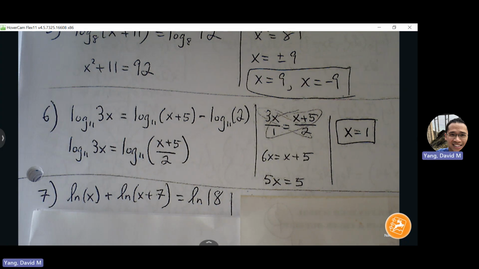Okay, number 7. Everything is natural log, that's nice, but we do have to clean up that left side. Merge those two terms into one natural log term. So product property.